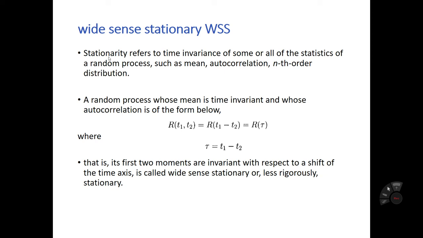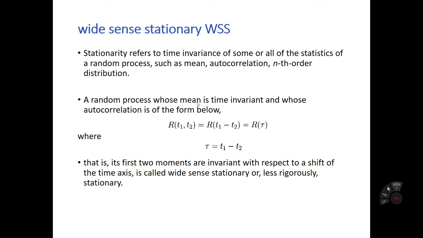So stationarity refers to the time invariance of some or all of the statistics of a random process, such as mean, autocorrelation, and total distribution. A random process whose mean is time invariant and whose autocorrelation is of the form below is called wide sense stationary.